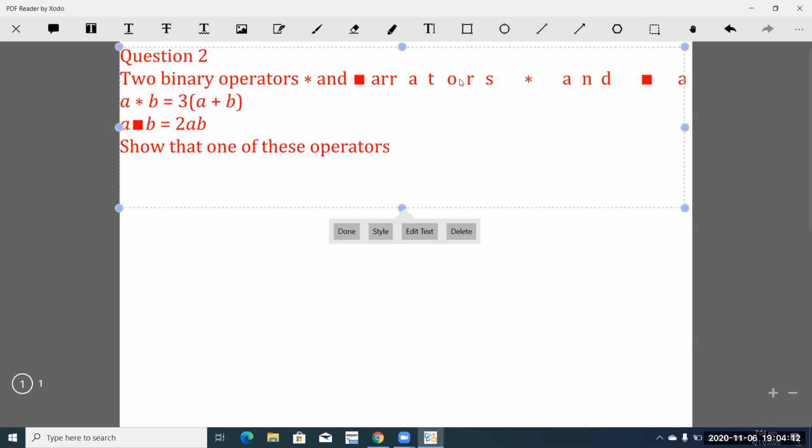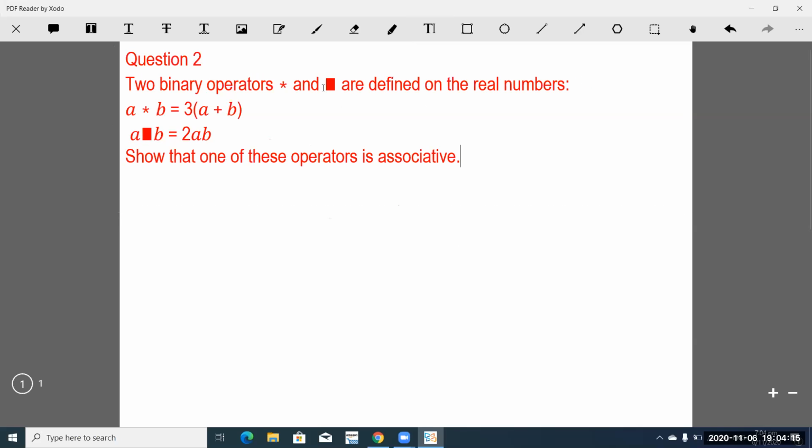All right, I still need to edit it down a little smaller.